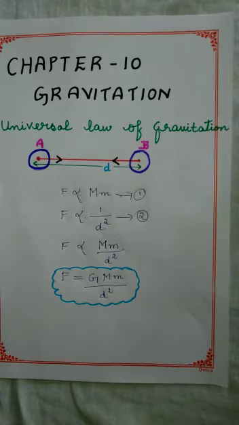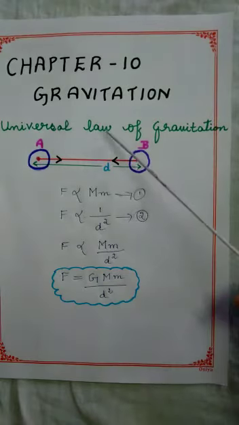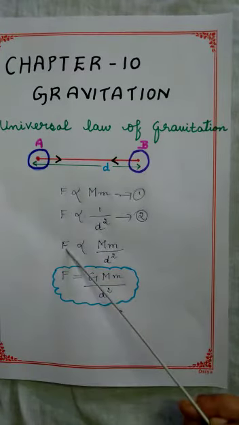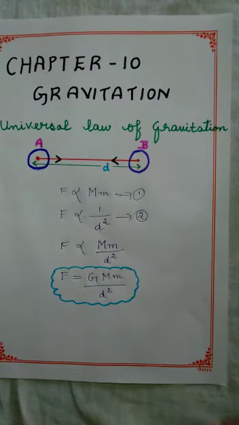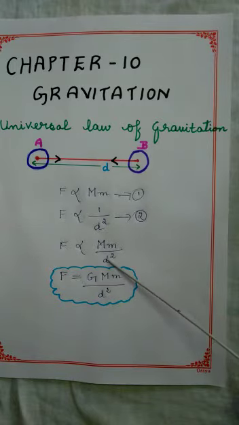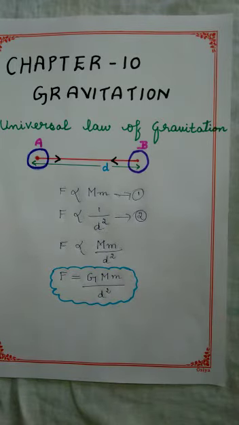On combining these two equations, we will get the universal law of gravitation. That is, the force is directly proportional to the product of their masses and inversely proportional to the square of the distance between them.